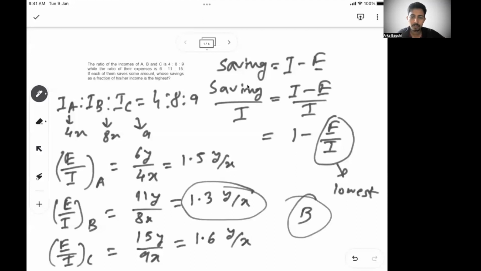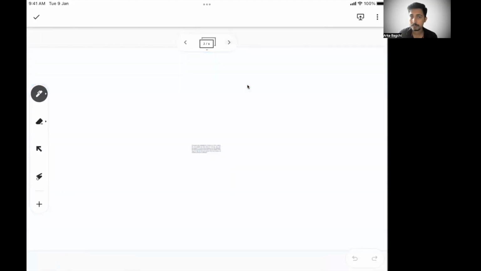Then we formed the expense by income fraction for each of A, B, and C, and checked for whom it is the lowest. We found expense by income is lowest for B, so our answer is B, because savings by income will be highest for B. Hope it's clear. Let's move to the next one.